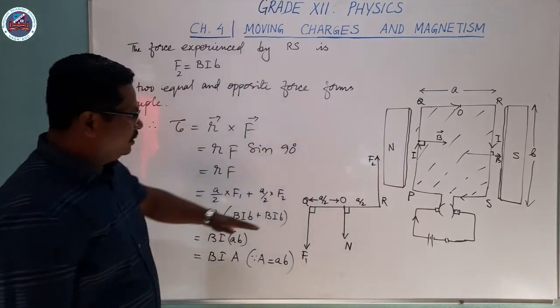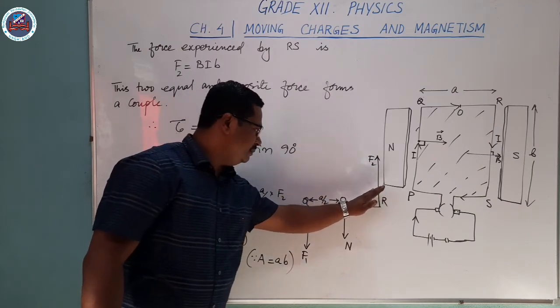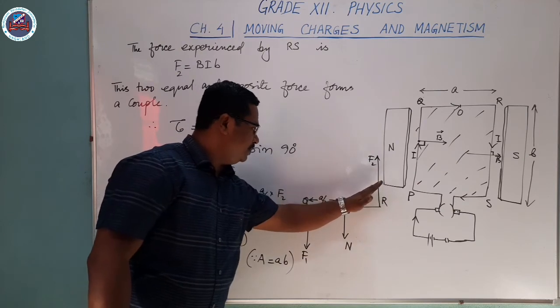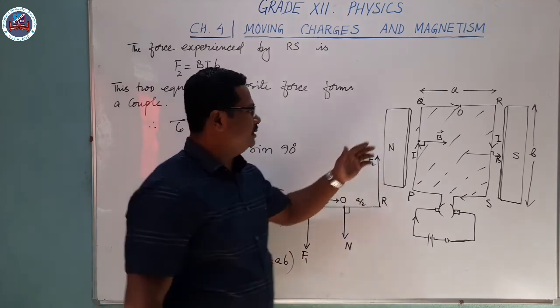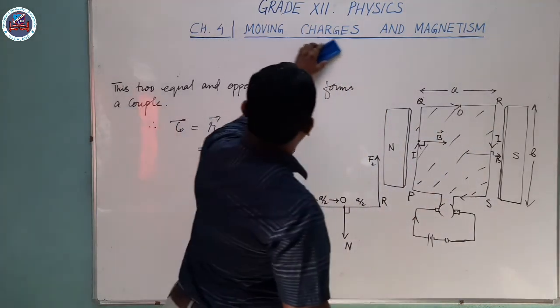Next case, when we tilt this QR slightly like this, then this normal must remain normal to the line QR, or to the side of the rectangle QR. Now let us see case 2.